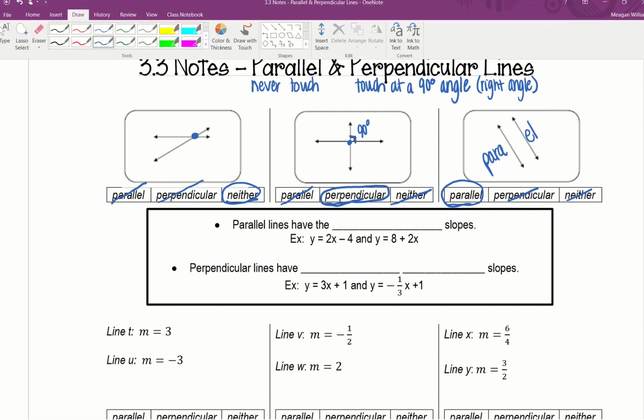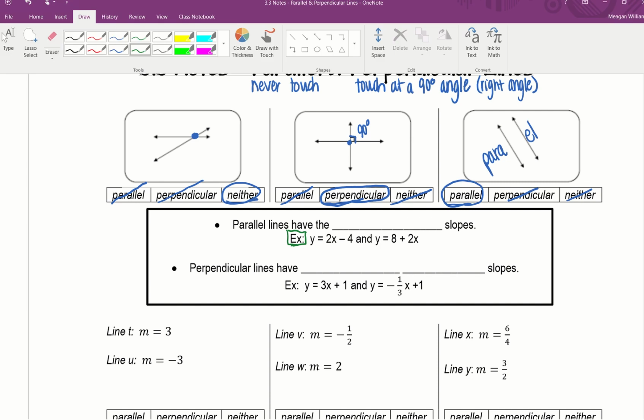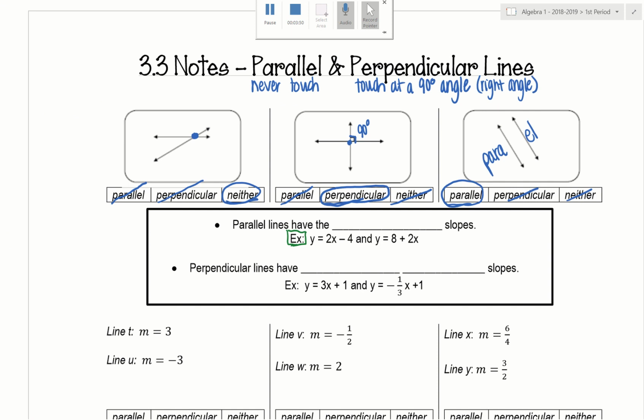So our 2 specific situations today are parallel and perpendicular. If you look at these examples, these first 2 lines, if you put them in your calculator, are going to be parallel lines. So I don't think I have my calculator pulled up. Let's go look. Well, guys, this is no good.